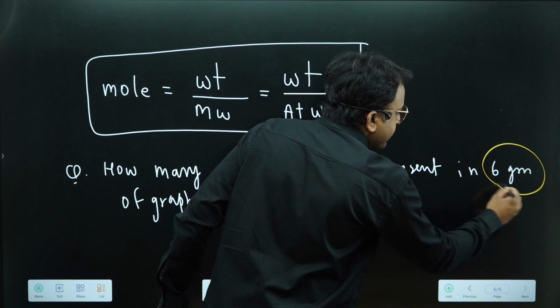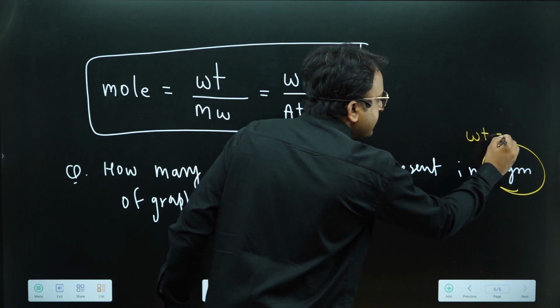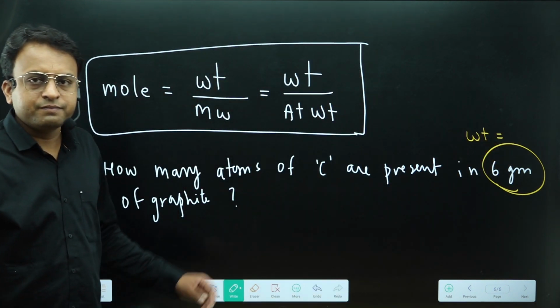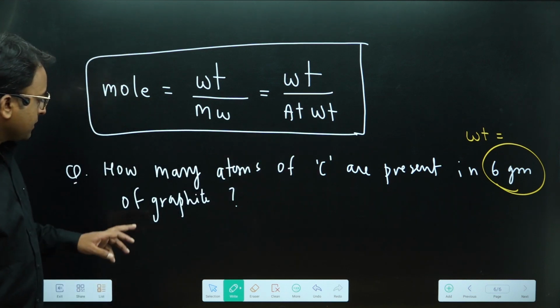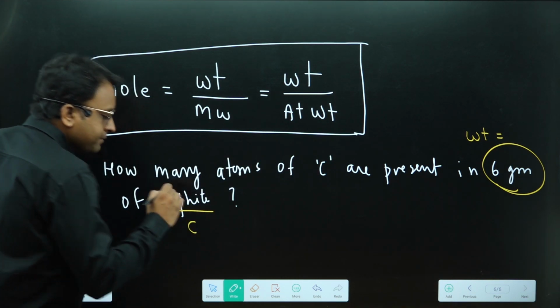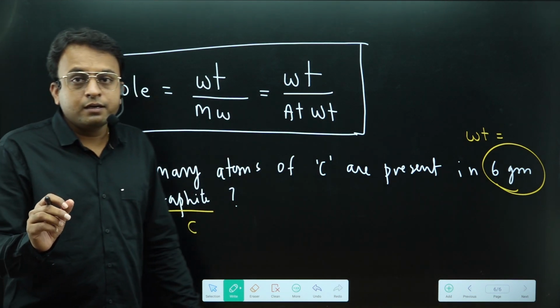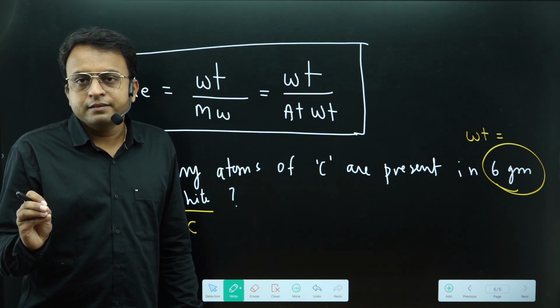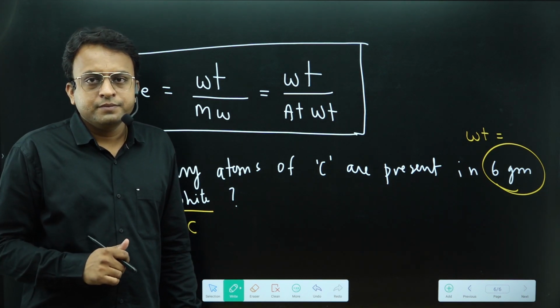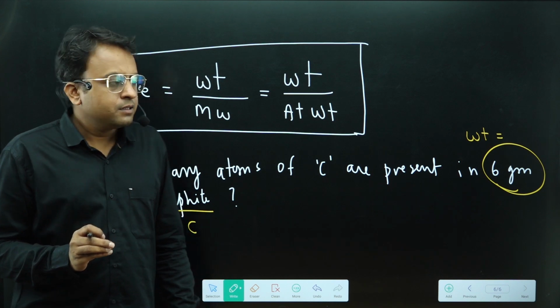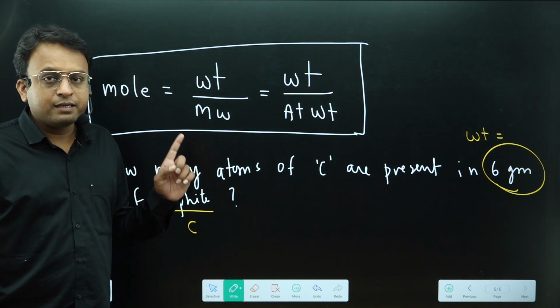We have given the weight. Unit of weight and mass is gram. Now graphite is carbon. You have to learn the atomic masses of element 1 to 20. That is the most important thing to solve the numericals on mole.